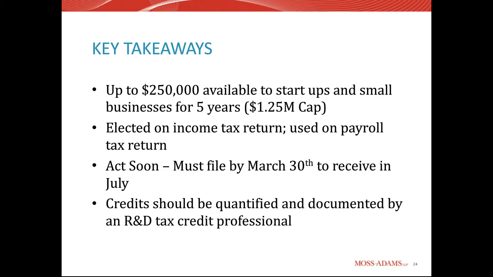Number three, you need to act soon if you want to accelerate your cash benefit. So that means you'll need to file your return by March 30th if you want to receive a benefit in July. And then number four, credits should be quantified and documented by an R&D tax credit professional.